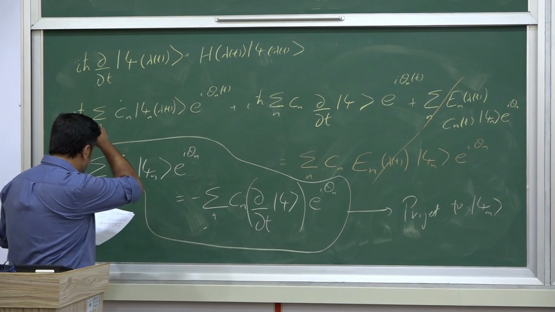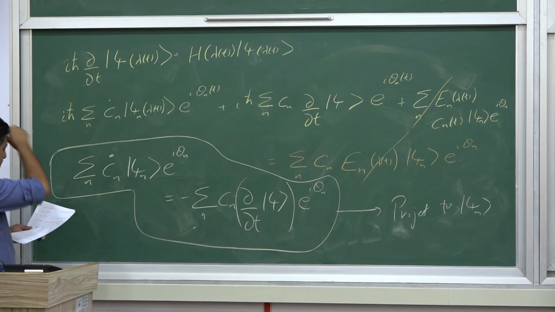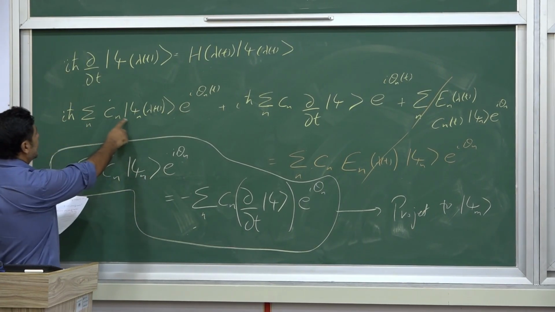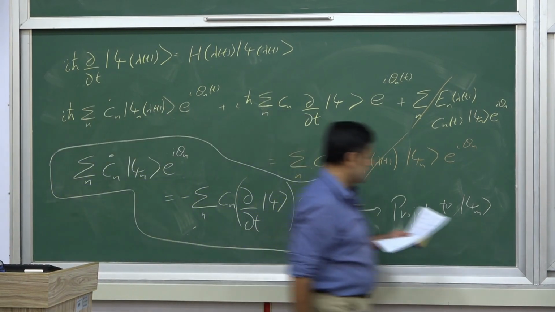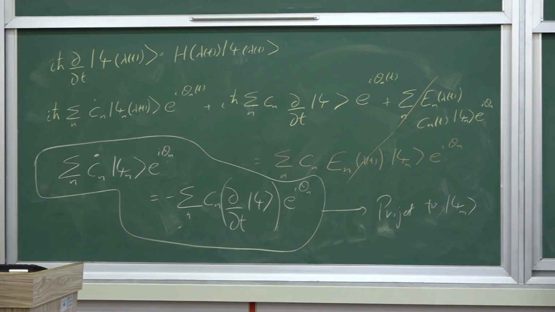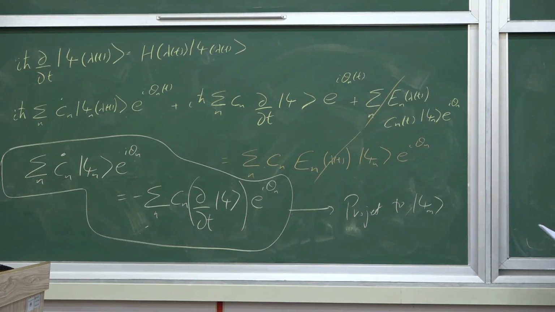So if I project it onto psi m, from here I'm just going to pick up Cm dot and e to the i theta.